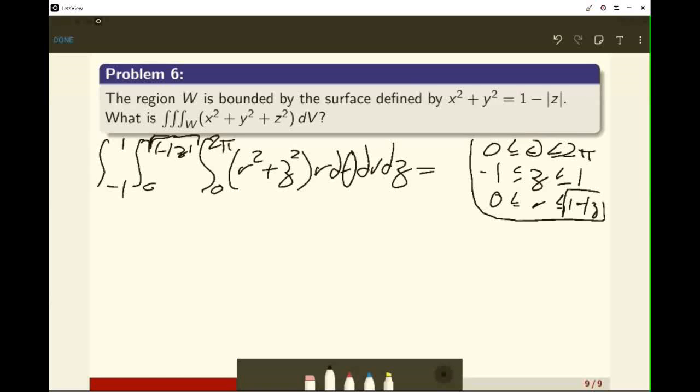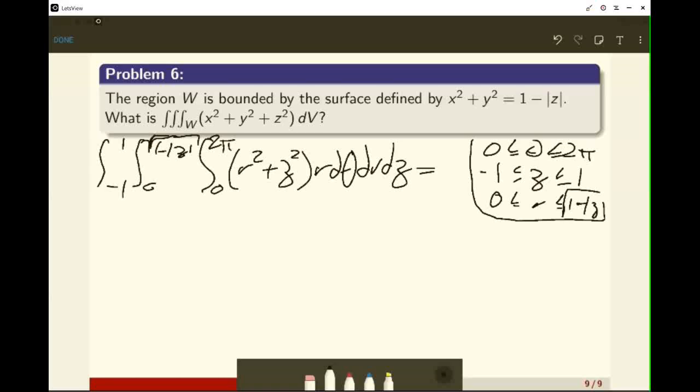And so we can actually say that this is 2 times the integral from 0 to 1 in z of everything else that's going on on the inside, where we've got this factor of 2 just to account for the fact that the bottom and the top region look exactly the same. And that'll help us by letting us write the r bound as the square root of 1 minus z if we're considering only the positive part.